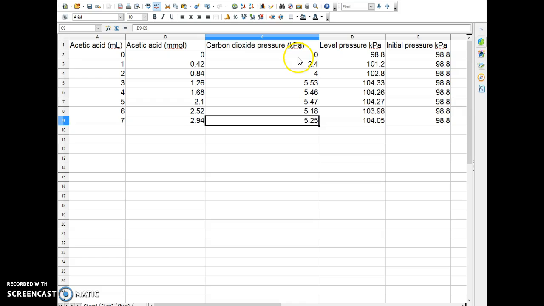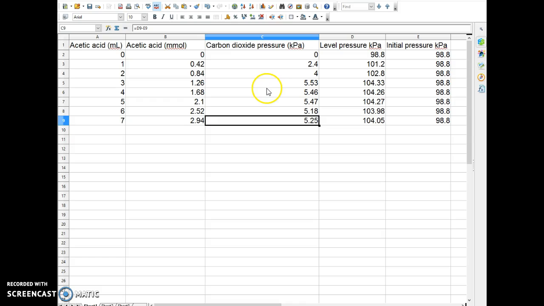And then here, if you'll look, I have subtracted the final pressure minus the initial pressure, and of course here it's 0, and then it just goes up. And then as you notice, it started to level off. So these are the pressures that we're going to use.